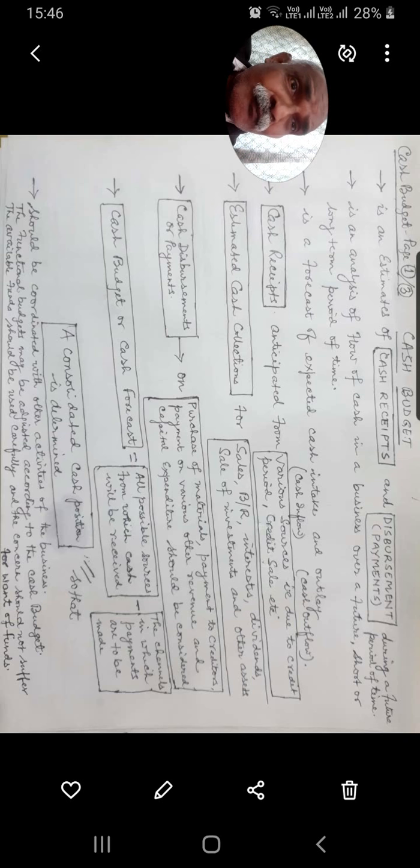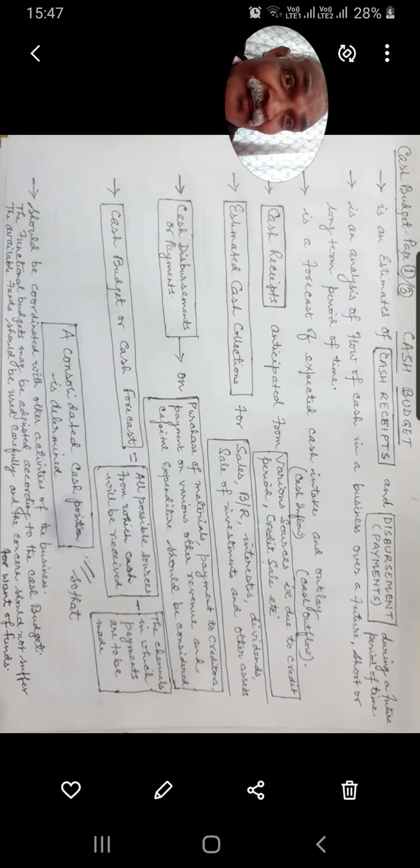There are 2 points in the business. One is sale, one is purchase. Through sale, you will collect cash. There is a receipt of cash. But when there is purchase, then there is no receipt of cash. There is payment, disbursement of cash, that you will disburse cash.